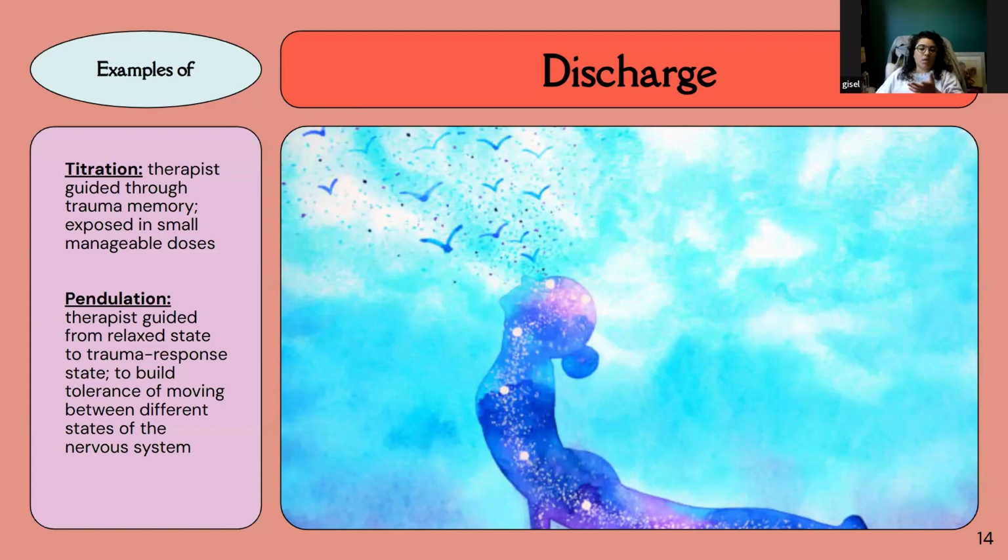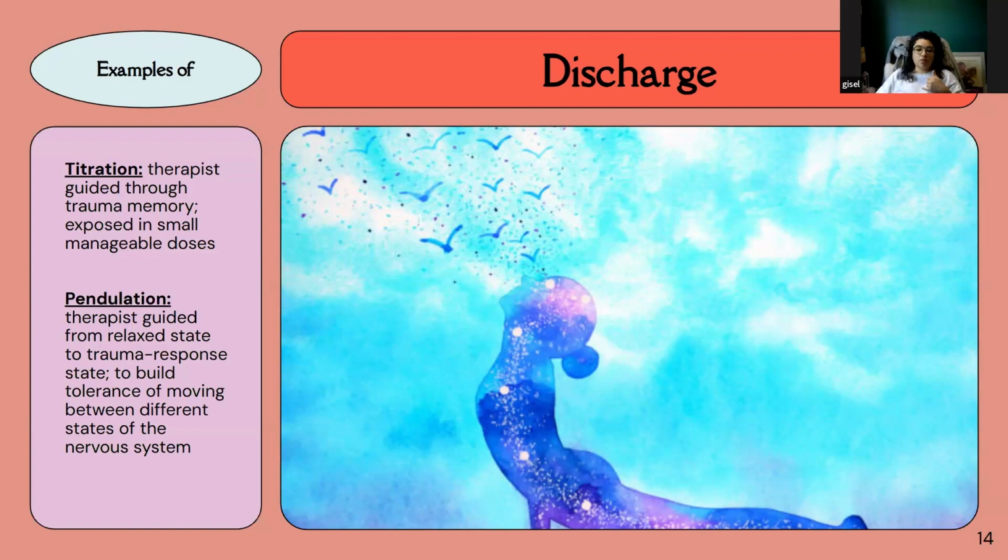And then titration and pendulation are specific somatic therapy strategies that are kind of similar. Pendulation is where, like I said earlier, the therapist intentionally moves someone through the different states of the nervous system, calm, elevated.